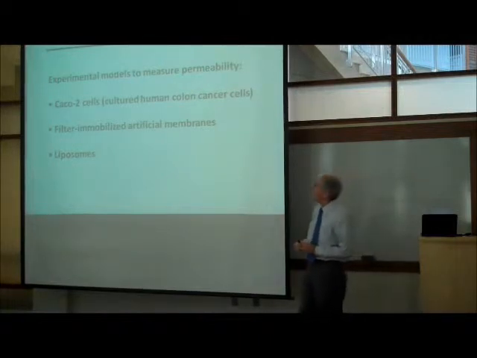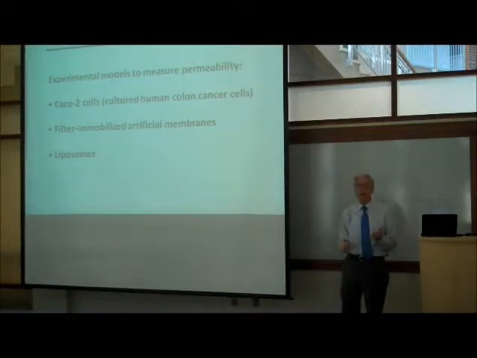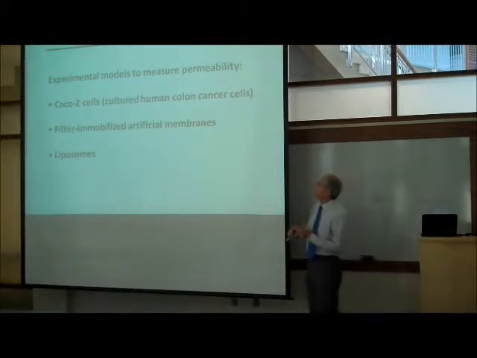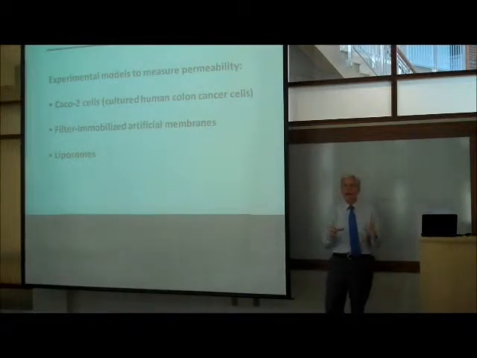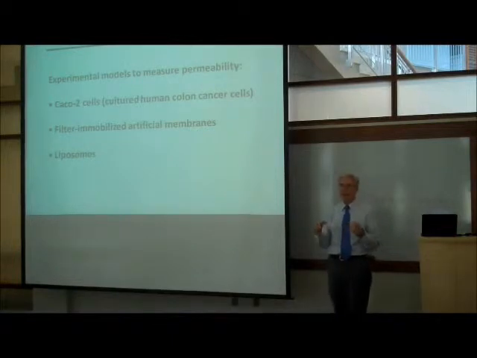This is a cell line, an immortalized cell line, that's based on human colon cancer cells. So this is very relevant because it's a living cell, it's human, and it's also from the gastrointestinal tract. So it provides a very good basis for measuring drug absorption of an orally administered drug in a human being.